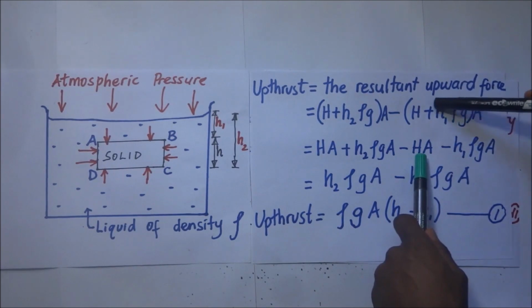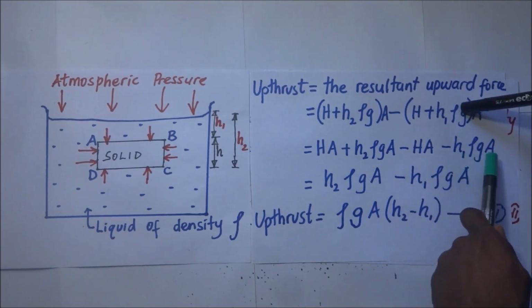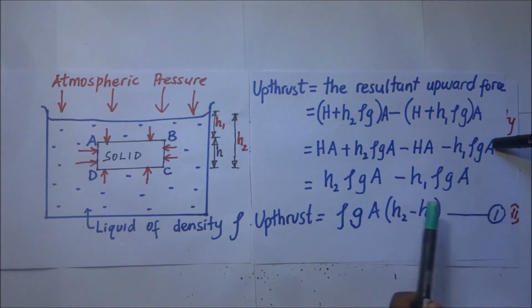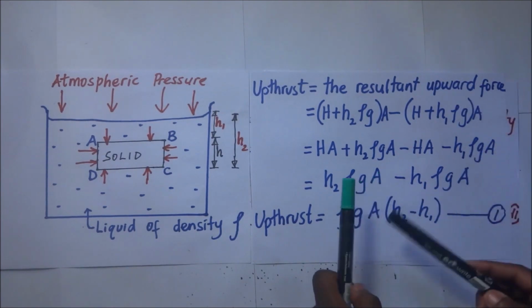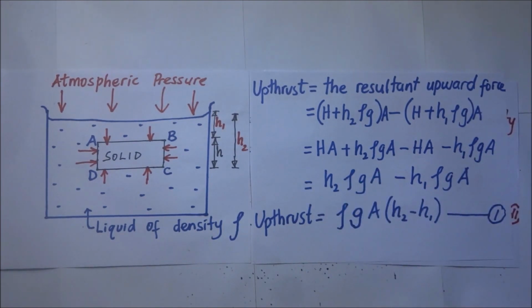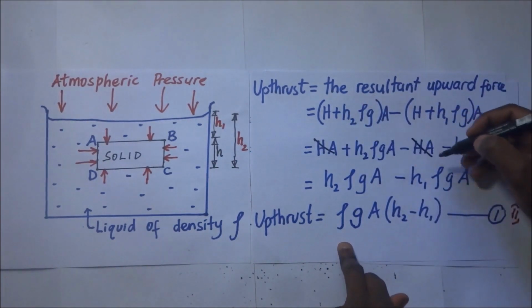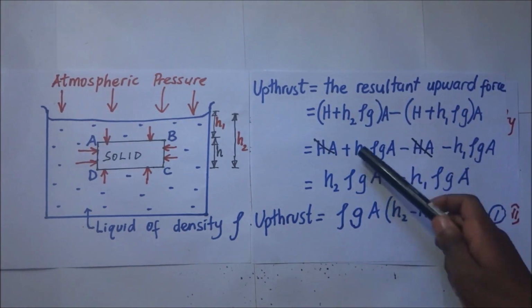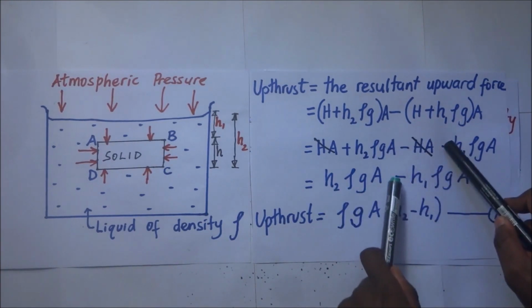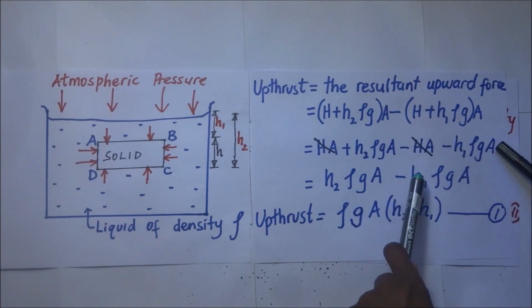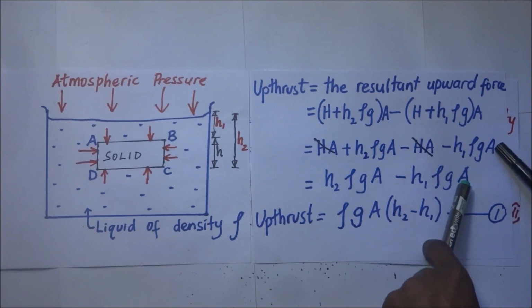Then area times H1 rho G gives us H1 rho G times A. Then when we go ahead with our working, of course these HA's cancel out. This HA minus HA cancels out. You remain with H2 rho GA minus H1 rho GA.